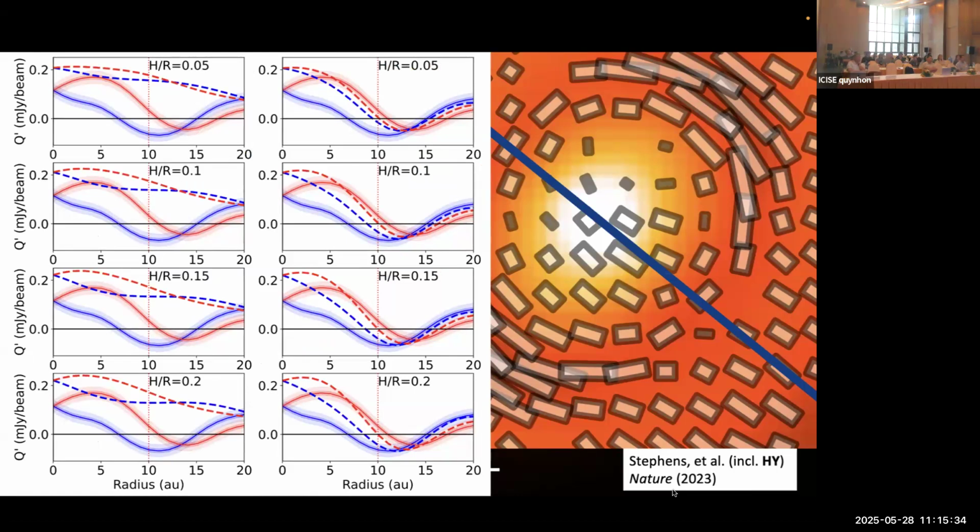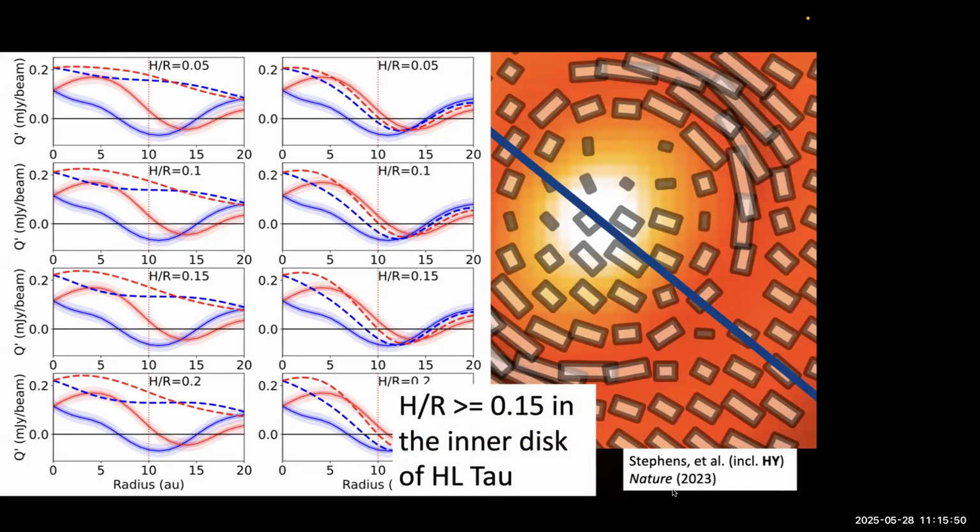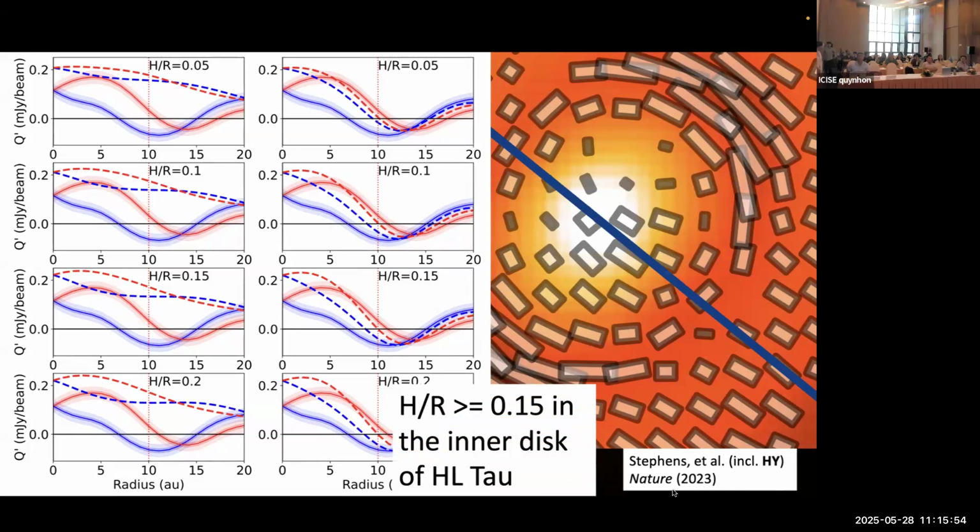You really need a model with H/R of 0.15 or larger to reproduce some extent of this near-far side asymmetry. We conclude that in the inner disk, the H/R is 0.15 or higher.